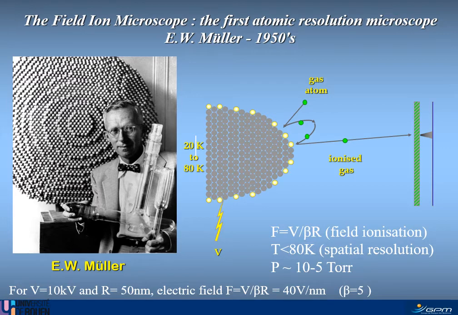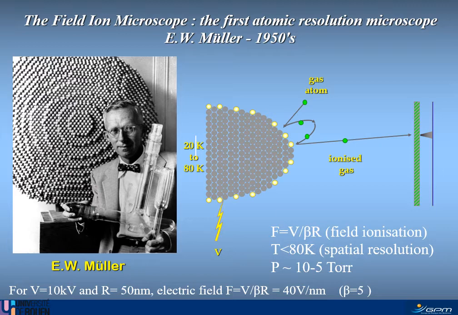I cannot come into details about that. And so you will form on this screen an image, a magnified image of the distribution of the electric field, so of the distribution of atoms at the tip surface, in particular of atoms that are in protuberance at the tip surface.